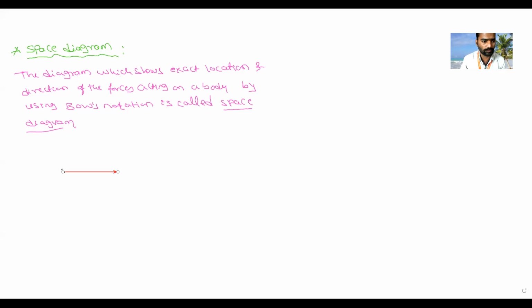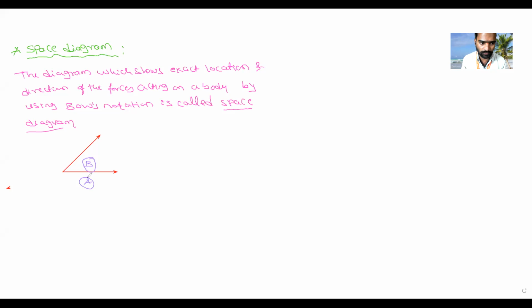So you know what is space diagram, okay? In the last class we have studied about Bow's notation. Can anybody tell me what is Bow's notation? So the force is represented by two letters, and those two letters are capital letters, encircled. So I will take capital letters A and B. There should be a proper scale, there should be an arrow mark, and these letters should be encircled.